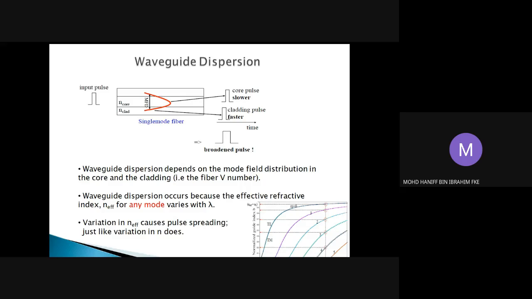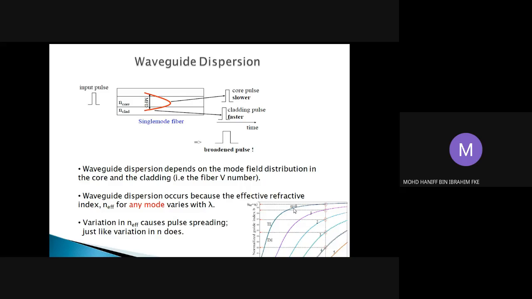V is the normalized propagation constant, normalized mode number, as we learned in lecture 3 or lecture 4 before. We can see that V changes regardless of the mode number.